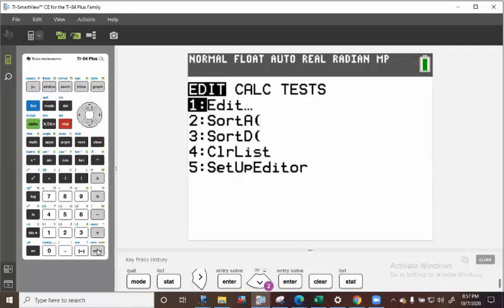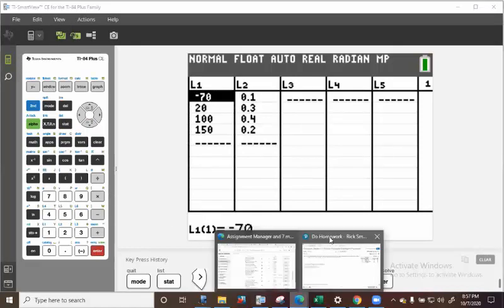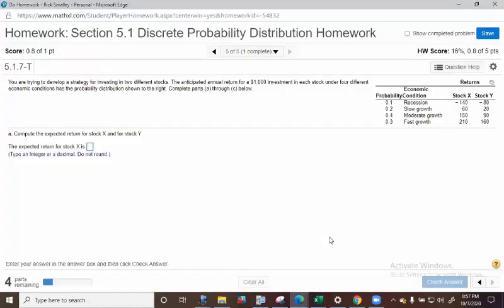edit, and then I'm going to put the values in L1. Let me see what those are, and I'll put the X ones in there. Let's see, negative 140, then 60, 150, 210.